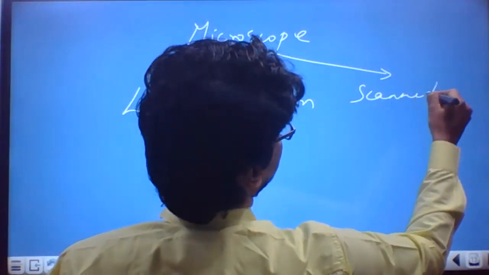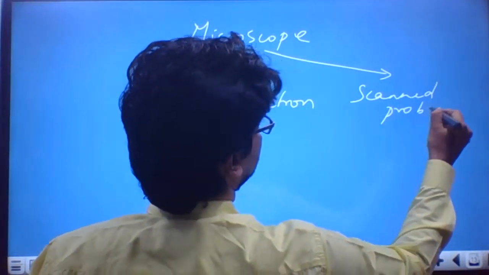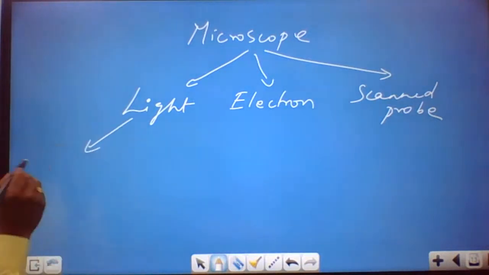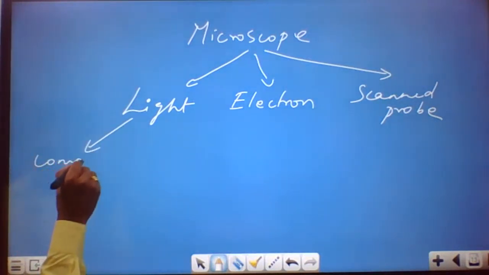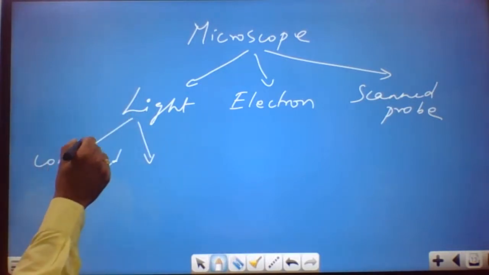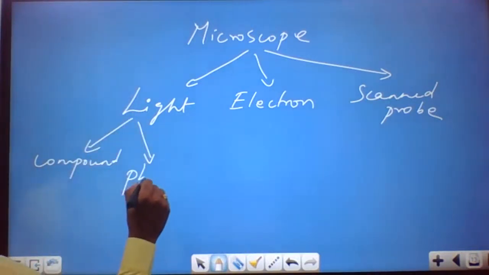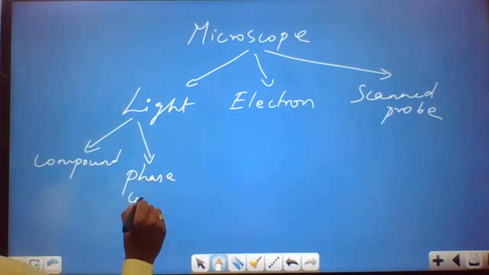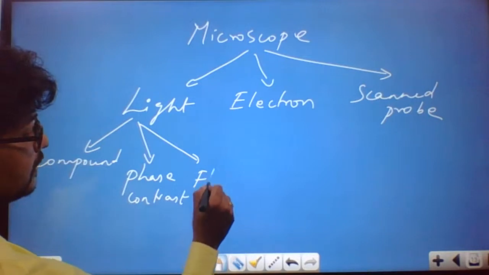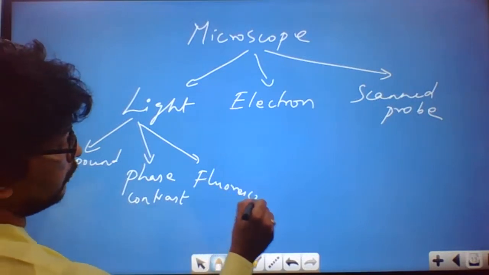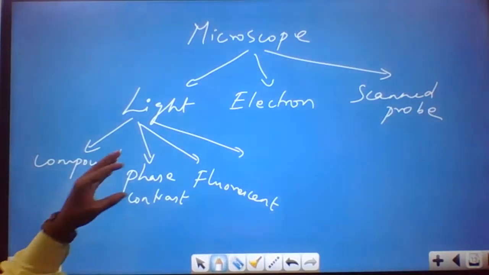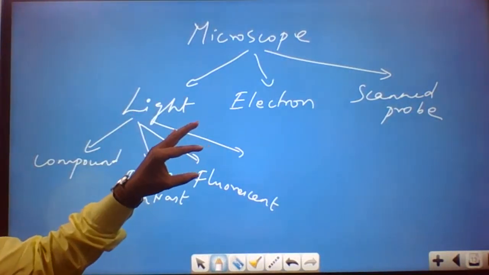Scan probe microscope. Coming to the light microscope, you would have used in a school's compound microscope. The compound microscope comes under the light microscope. Then we have the phase contrast microscope, the fluorescent microscope, and also the other type of microscope, DIC.